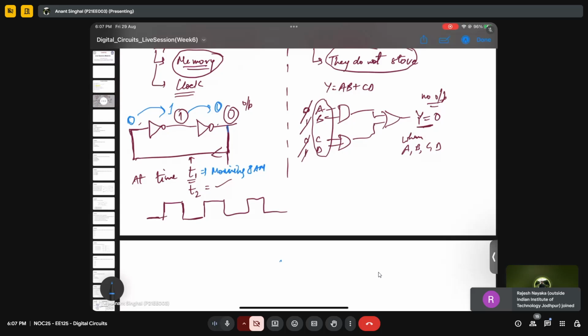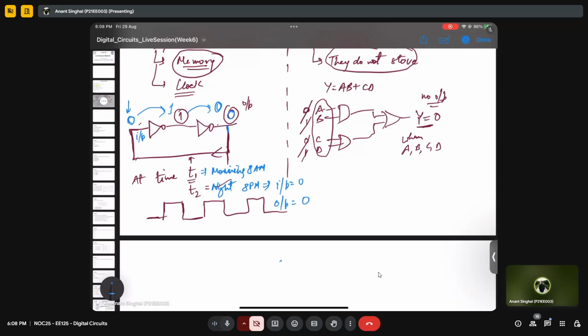Now since we have connected the output of the circuit to the input of the circuit, this 0 will always remain here. Now let's say you come back at night, which is time t2, 8 p.m. Even without giving any input, you will be able to see that the input is still 0 and the output is still 0, right? Does it make sense?